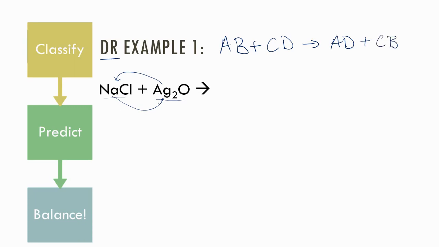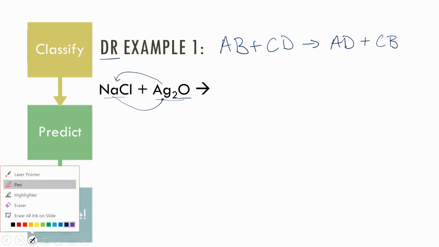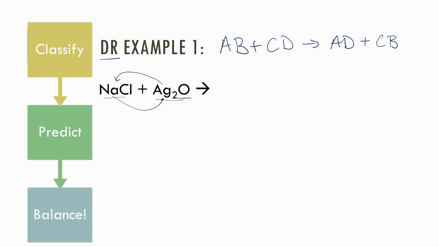So sodium chloride plus silver oxide. Sodium is going to take the place of silver and be paired with oxygen. And silver is going to take the place of sodium and now be paired with chlorine. I'm going to rewrite this with some different colors so that we can see what's happening.